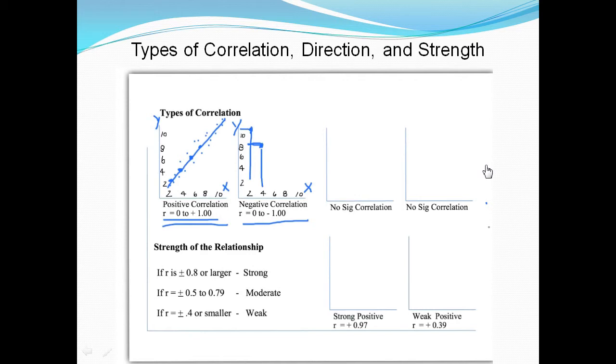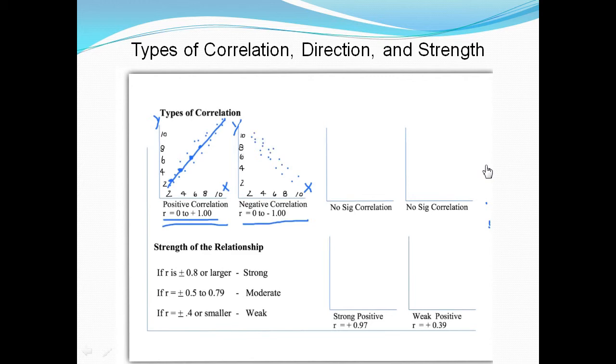A 6 on x and a 6 on y gives me that point. So I'm going to erase these now, so I don't interfere with my pretty scatter plot. That's where I'm getting those values. I'm going to put some points on here like this.